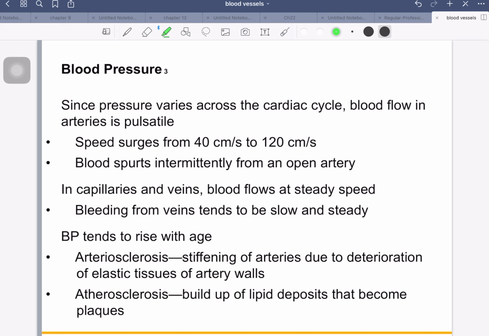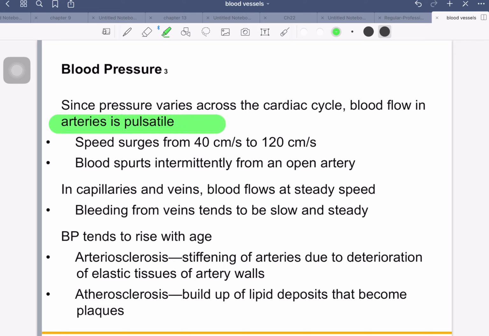Now, of course, blood pressure varies throughout the cardiac cycle, and accordingly, the blood flow in the arterial system will not always be constant, especially the closer you are to the heart. So what we see is we tend to get speed surges in many of the blood vessels, and basically the flow is pulsatile.